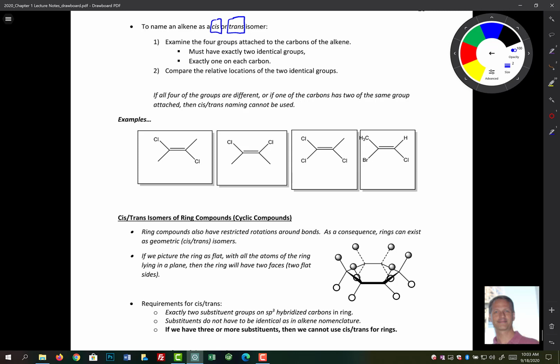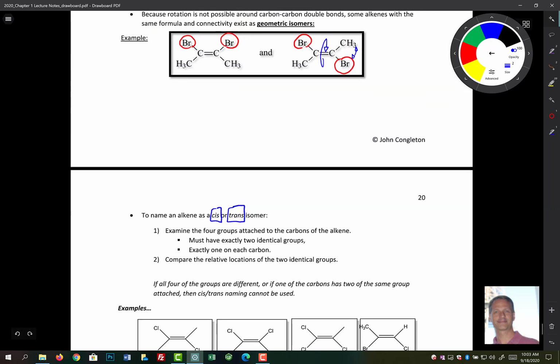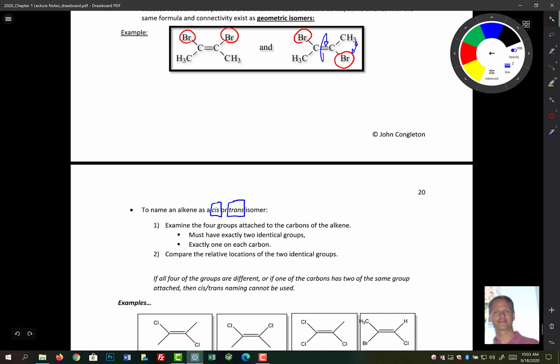It's pretty straightforward. We're going to examine the four groups attached to the carbons of the alkene. When you look back up at this example, here are four groups: 2 bromines and 2 CH3s. I'll go ahead and circle all of these as an example. Two things need to be mentioned.